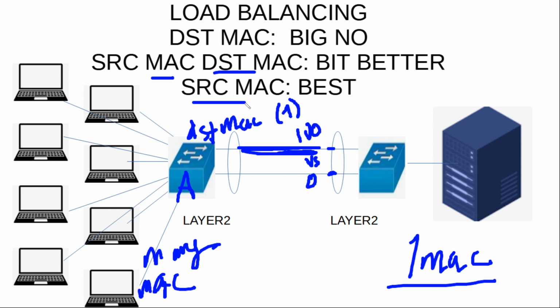That will also work because we have many source MACs to calculate from. So maybe if we use source MAC, we could achieve a 50 by 50% load balancing. And at switch B, maybe calculating by destination MAC will be good because there are many destination MACs on the other side. So be aware of that.